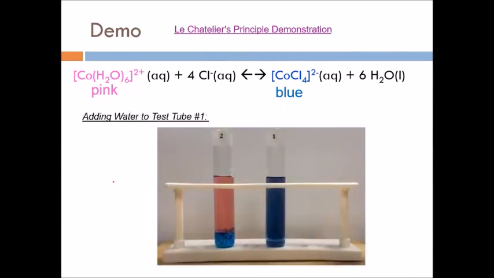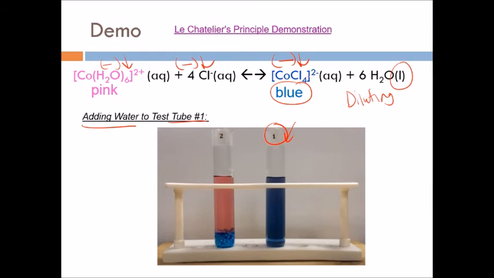All right, so now the next thing he does in his demo is he adds water to test tube 1. Test tube 1 is blue, as you can see right here. So he's going to be adding in some water. Now, water is a liquid, a pure substance, so the water itself doesn't actually change the equilibrium. But what does it do? When you add water, you're diluting, so the concentrations of these all go down. They all decrease.